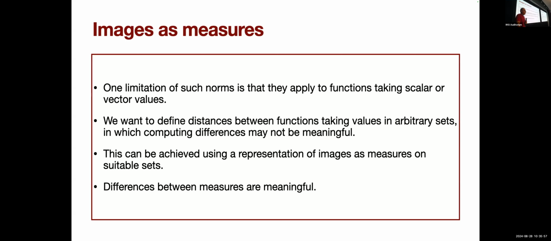So there are a few issues, I mean, limitations with this norm. First, they are designed to compare vector valued functions. If the function has its values in a feature space, or if it's a binary function, I know that this is applied very often to compare binary functions. Binary functions should not be compared using L2 norms.